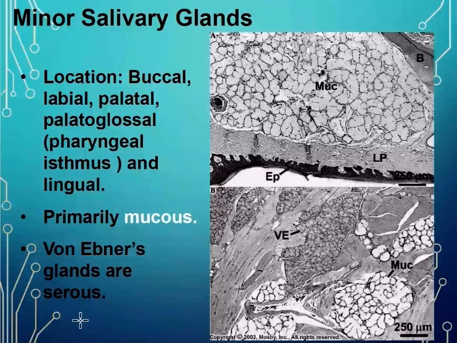All the labial, buccal, palatoglossal, and palatine glands are predominantly mucus. The minor salivary glands have collecting ducts, while intercalated and striated ducts are absent. So they have only collecting ducts that give them access to the outside of the oral cavity.